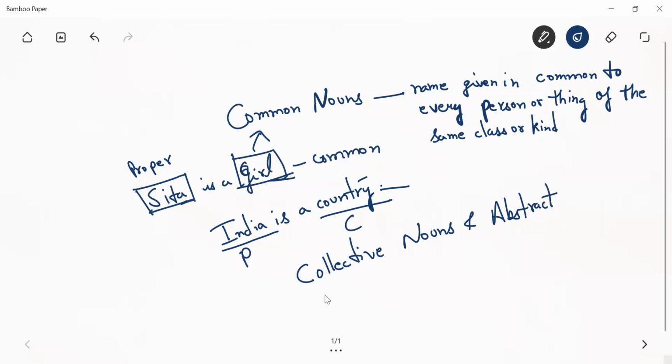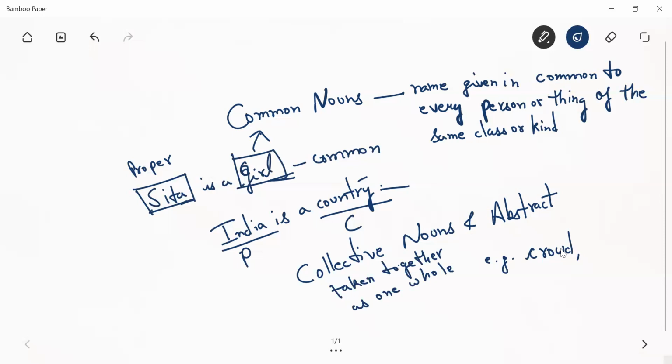A collective noun is the name of a number of persons or things taken together and spoken of as one whole. What can be the example? Crowd. A flock of birds and a fleet of ships.